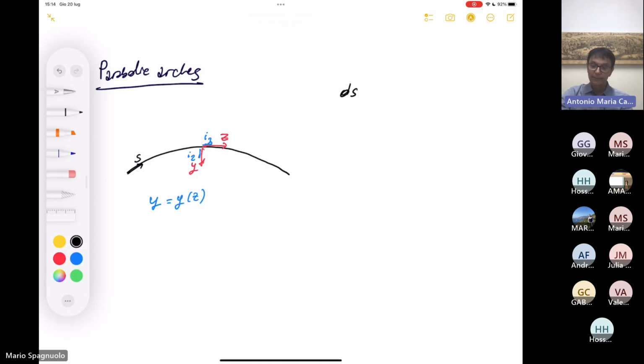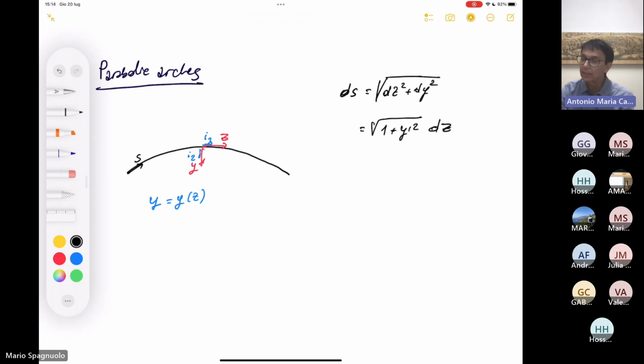ds is just given by the square root of dz squared plus dy squared. And since we have that y is a function of z, we can write this as dz times the square root of 1 plus y prime squared.